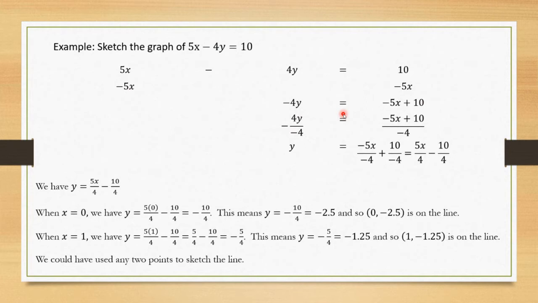But again, we don't want minus 4y, we want y. So what we do is divide both sides by minus 4. What happens here?